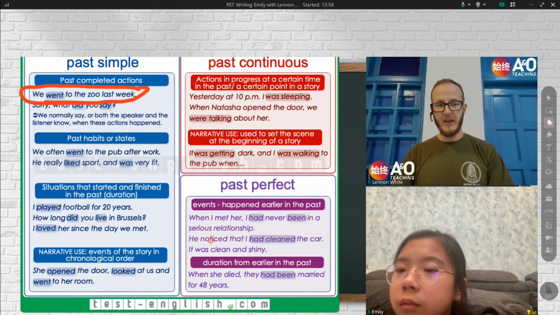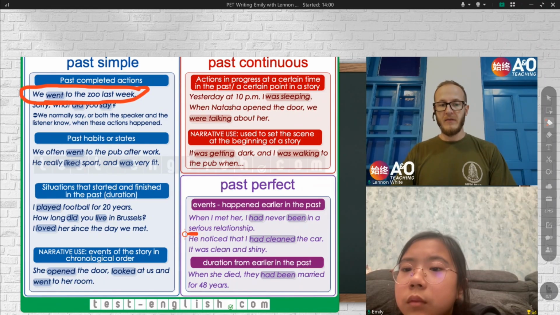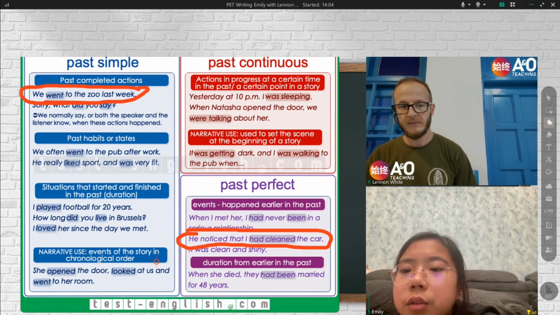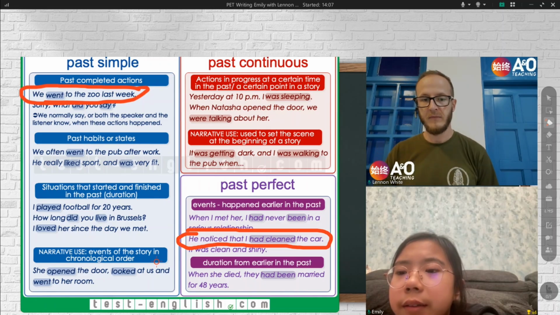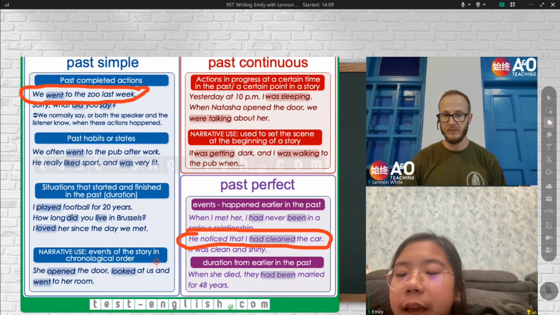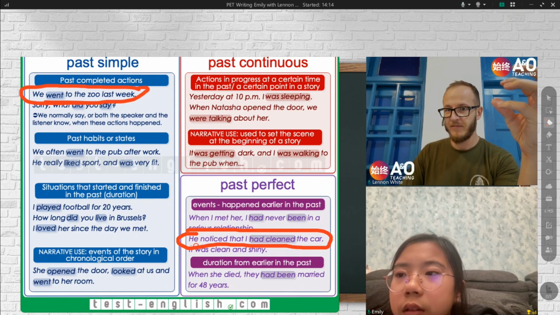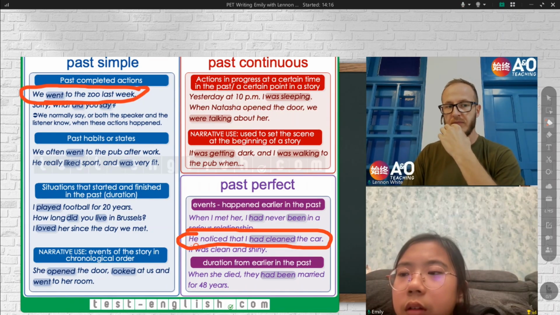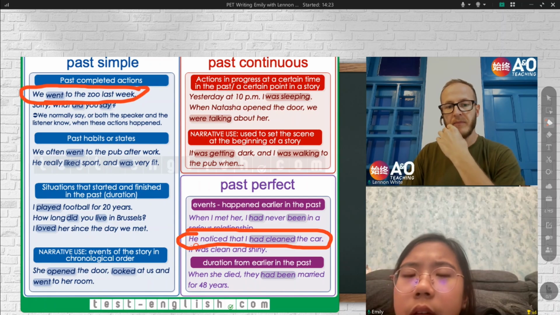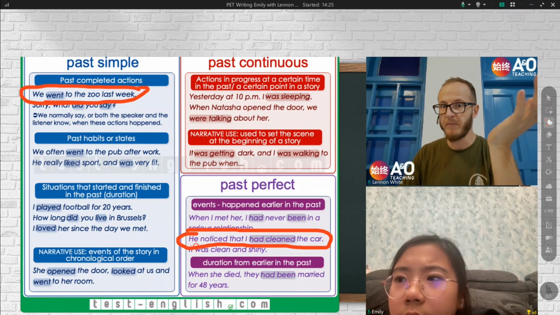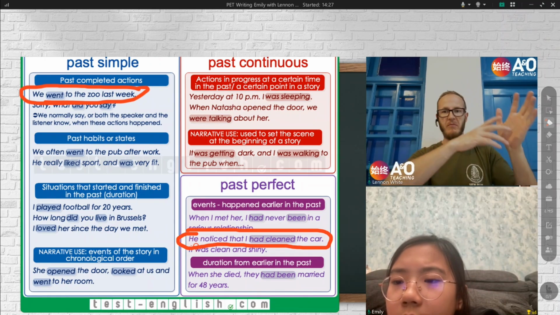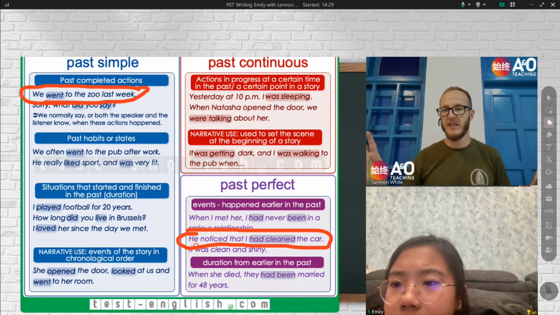Or maybe it's even clearer here. Can you read this one? He noticed that I had cleaned the car. It was clean and shiny. So "he noticed" is which tense? Past simple. So he noticed yesterday, a past completed action.